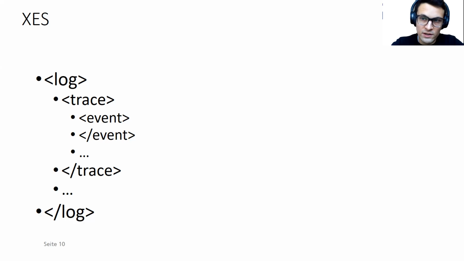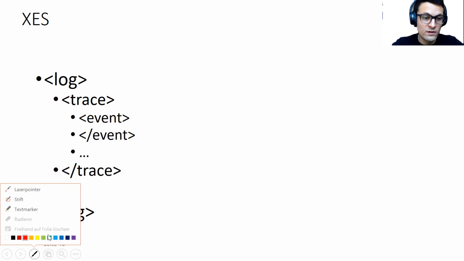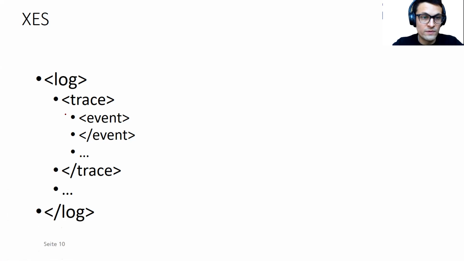So in XES, you can define an event log by basically writing a log statement. Here on top of this slide, you can see that written down. So if you see a statement that looks like this, and I'll show, of course, the running example file in a minute, then you know, okay, a log is defined.